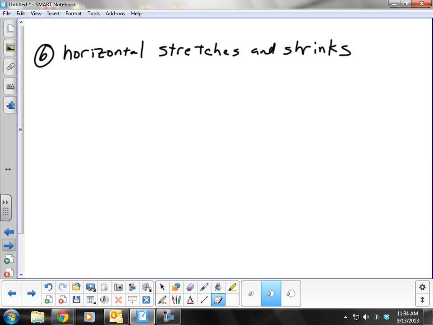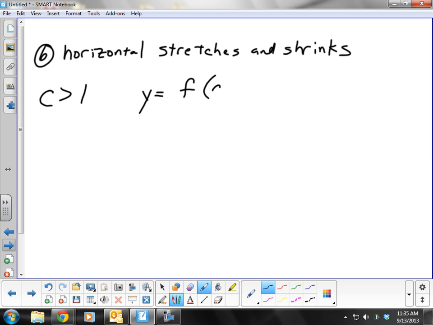Let's see, and c we're still talking about being a positive number, and if c is greater than 1, we're going to have that y is equal to f of c times x. Okay, so when it's horizontal, remember it's inside the parentheses because I'm affecting the x coordinate, right? So what is this going to do?